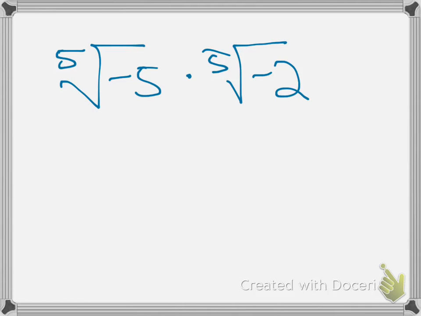First of all, we need to think about whether or not it's acceptable for us to be taking a root of -5 and -2. And the answer in this case is yes, it's acceptable, because 5, the index on both of these radical expressions, is an odd number, and so we can take the root of -5 and -2 because 5 is odd.